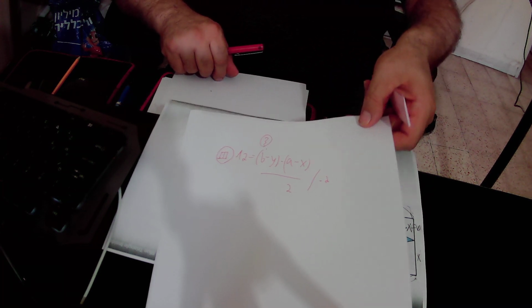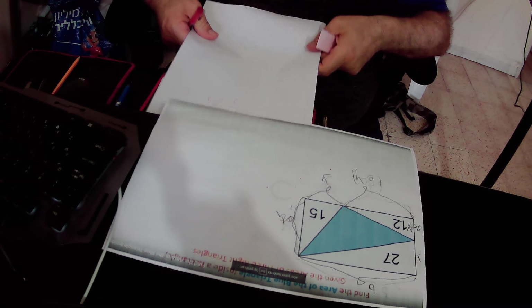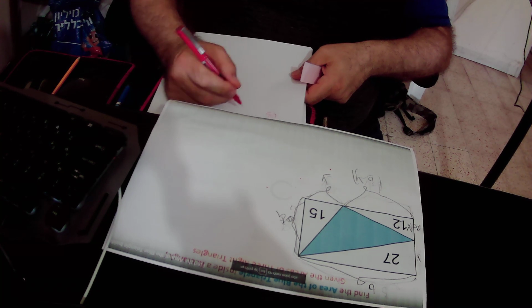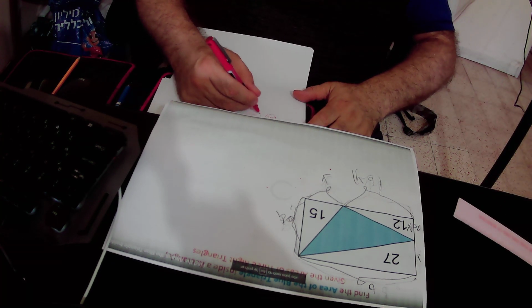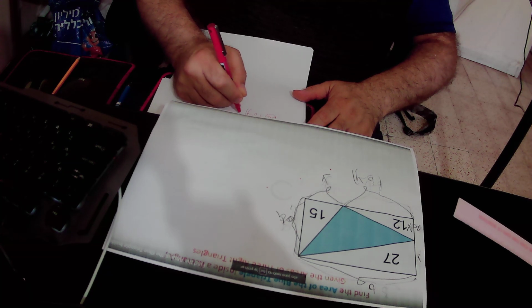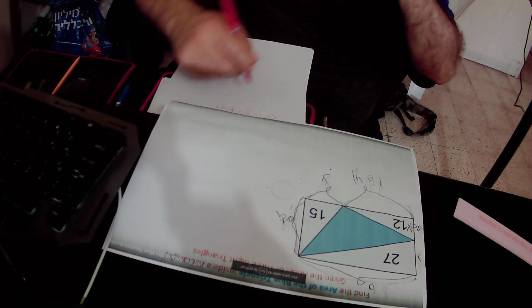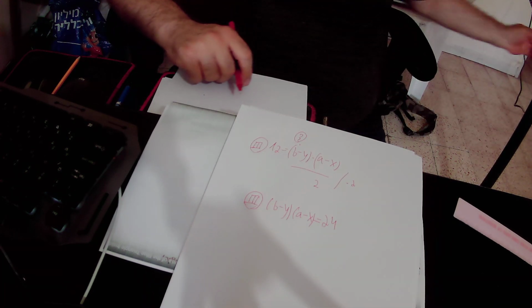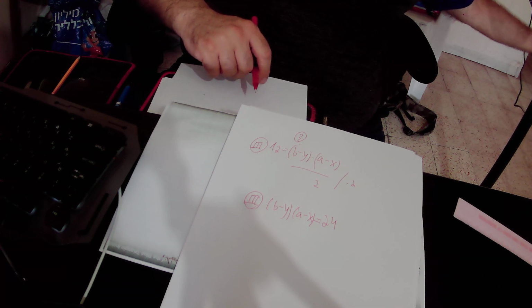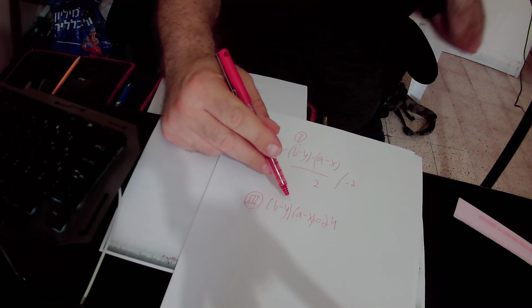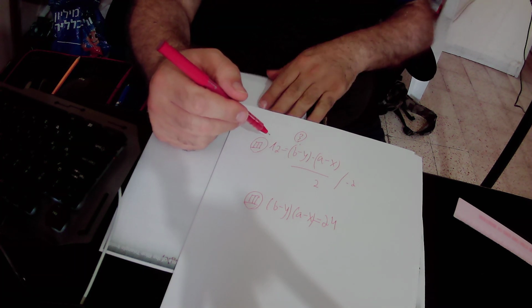We will get that b minus y times a minus x equals 24, because 12 times 2 is 24.